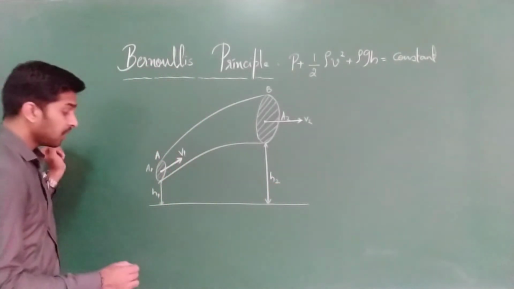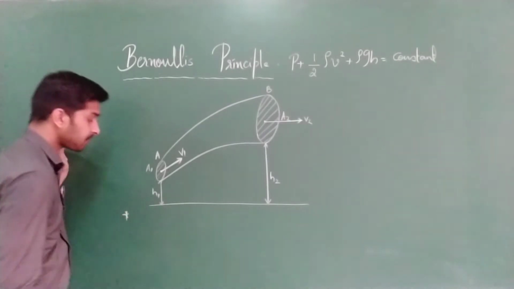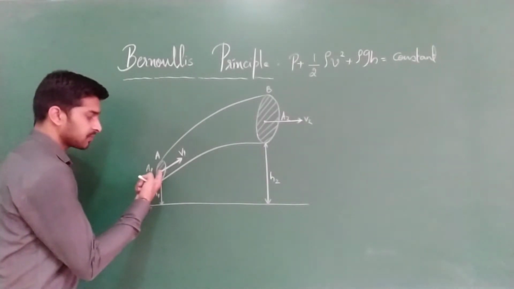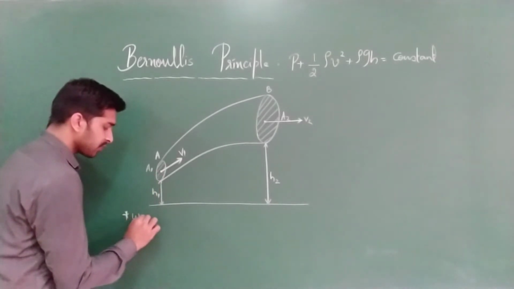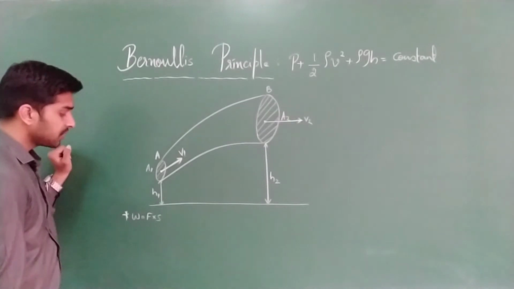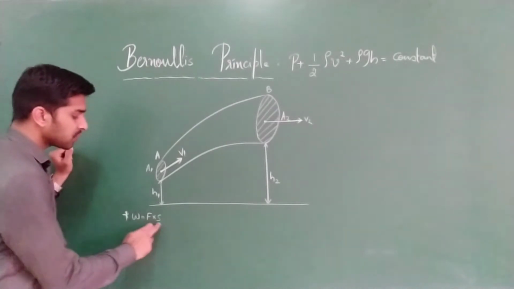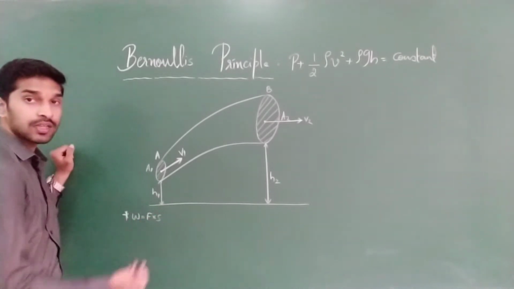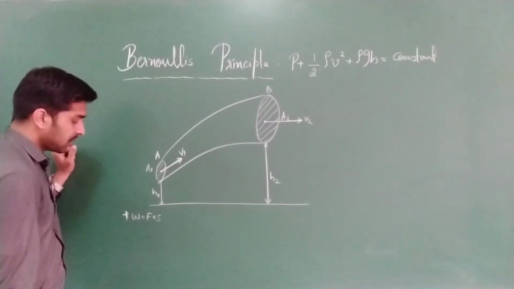So how are we going to derive this? First of all, the work done by the fluid particle at this point. Basically, work is nothing but force into displacement. Correct? So force and displacement, we are going to write in another format.